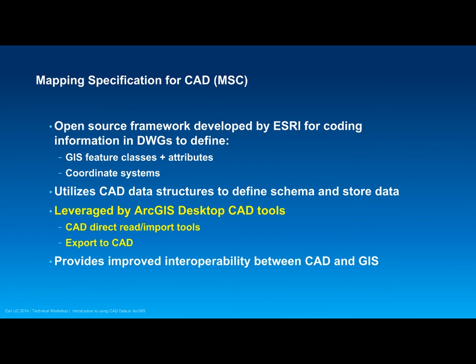It's leveraged by ArcGIS CAD tools as far as the direct read and import tools, as well as export to CAD. It provides improved interoperability between CAD and GIS, and if GIS technicians use the mapping specification for CAD, the data is easier to use once it gets to the GIS.